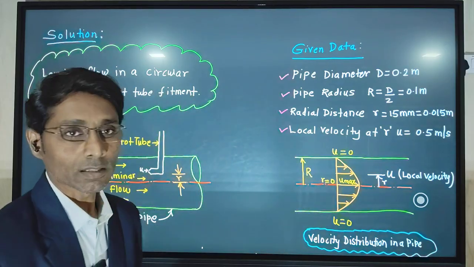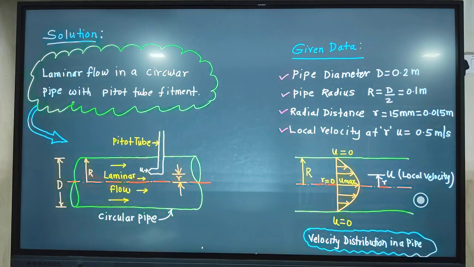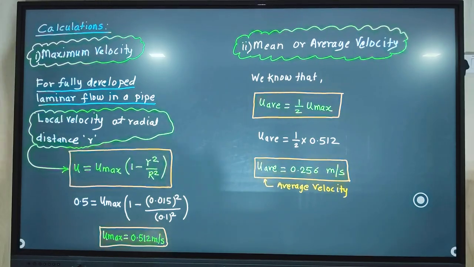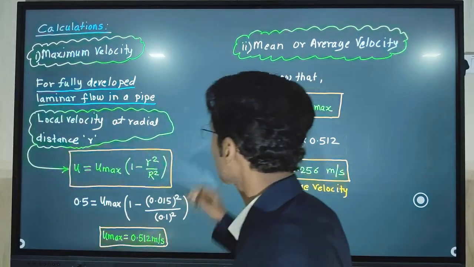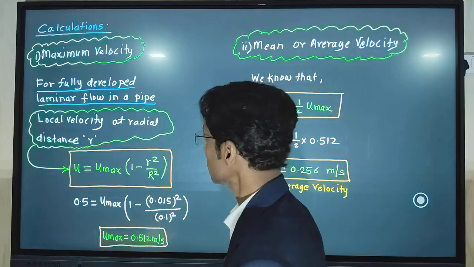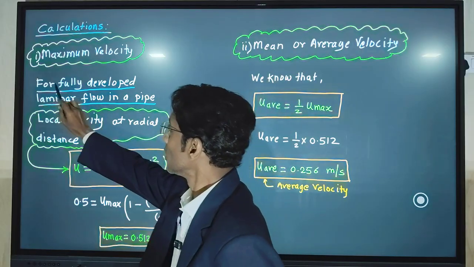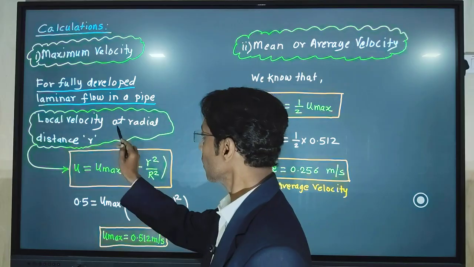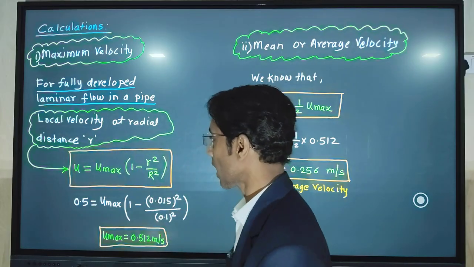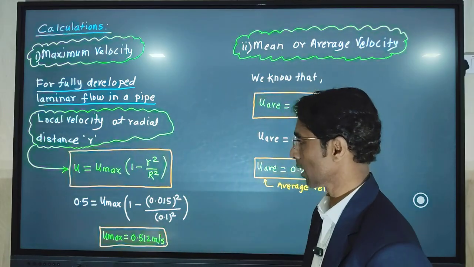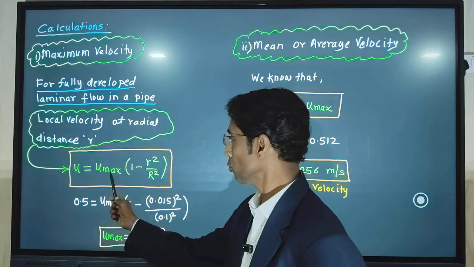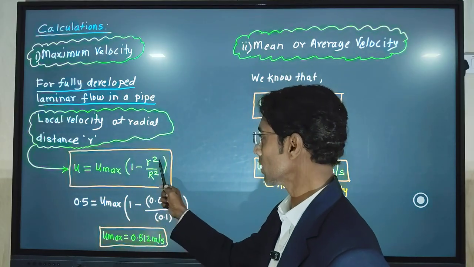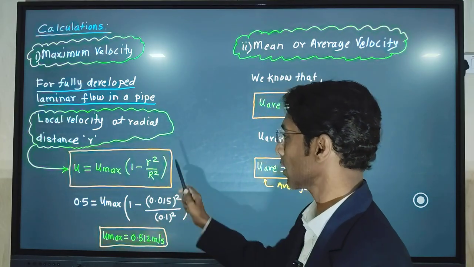Now from this theory, first of all we use the relation to calculate the maximum velocity. For fully developed laminar flow in a pipe, local velocity at radial distance r is given by the formula u is equal to u max bracket 1 minus small r square divided by capital R square.